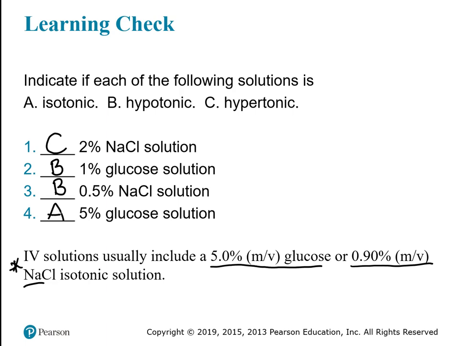So that's going to be isotonic. Iso is the same. So make sure that you understand the difference between isotonic, hypotonic, and hypertonic. Put isotonic in the middle. Hyper, you have a higher concentration. Hypo, you have a lower concentration. That should help you remember.